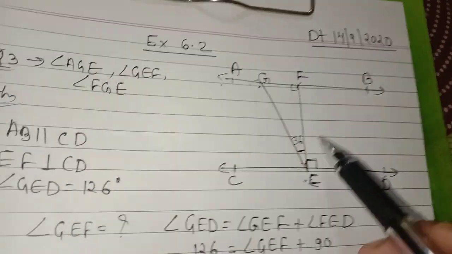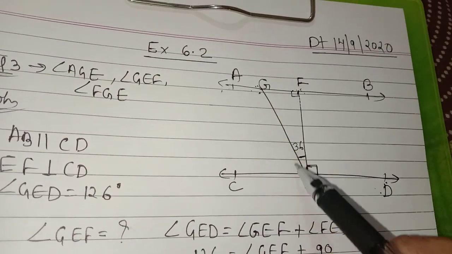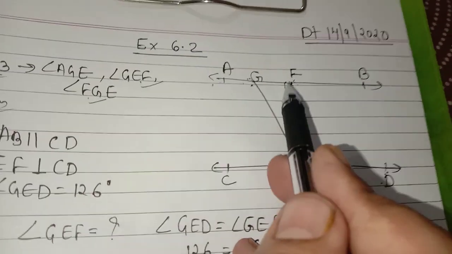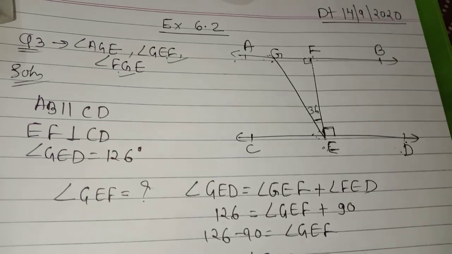Now can we find FGE, our requirement? Now to find FGE, we can put the angle sum property.